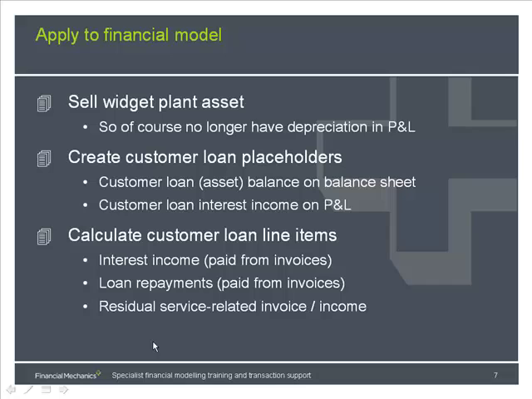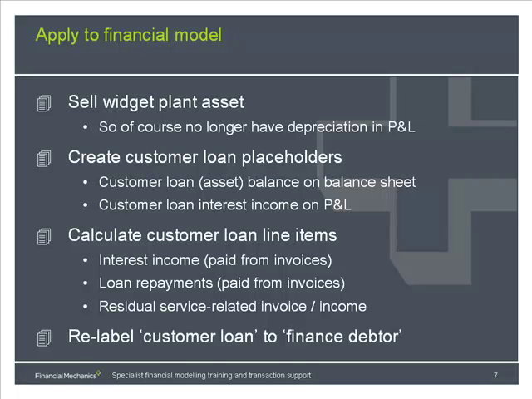So, how are we doing on our checklist? We got interest income calculated. We calculated our loan repayments, or customer loan amortization. We calculated our residual service invoices. We got a balancing balance sheet. And last, but certainly not least, we need to make this look a little bit more credible.